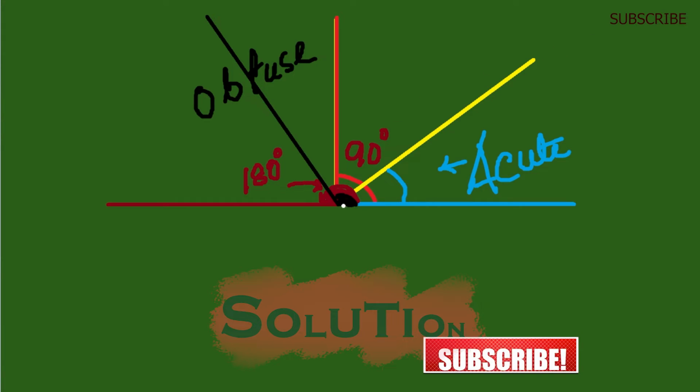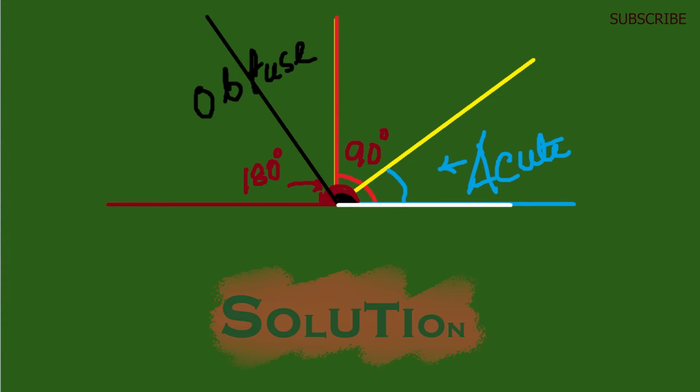Now let me take another line and draw it. If I consider this line, this white line and blue line are making no corner, so the angle between these two is 0. Now let me start moving. Now it is in the acute angle zone, so these are all acute angles.